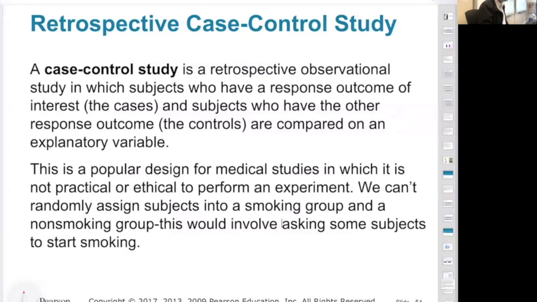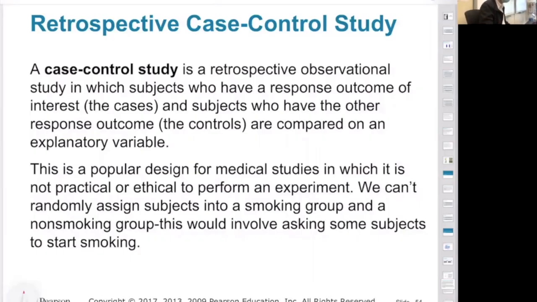So, for example, the case control study is a retrospective observational study in which subjects who have a response outcome of interest, the cases, and the subjects who have the other response outcome are compared on an explanatory variable. This is a popular design for medical studies in which it is not practical or ethical to perform an experiment.